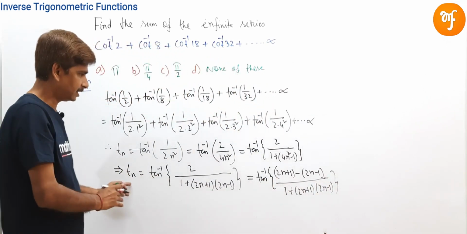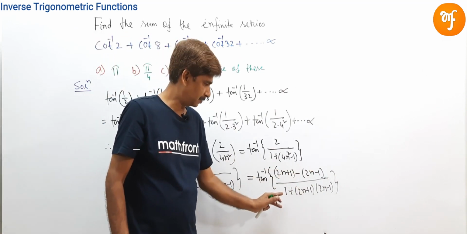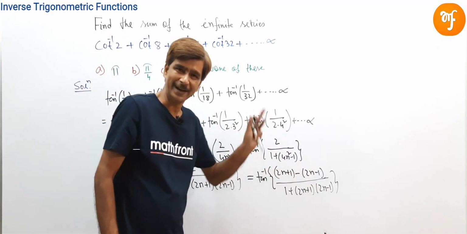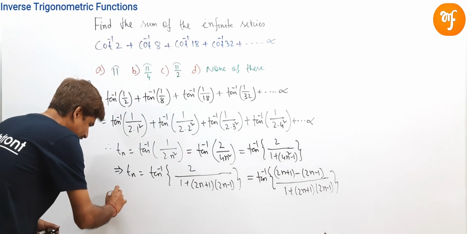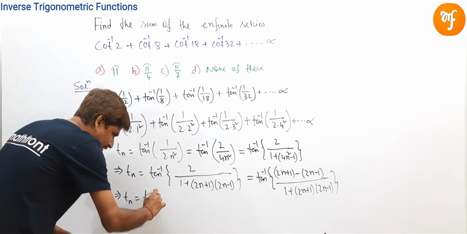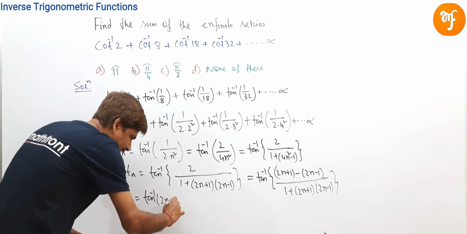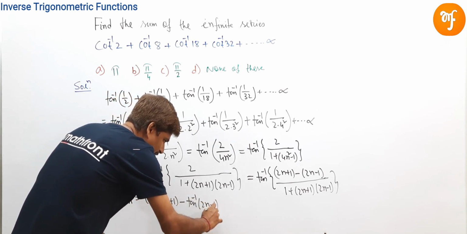So Tn is basically equal to tan inverse of x minus y divided by 1 plus x into y. So we can write Tn is equal to tan inverse of 2n plus 1 minus tan inverse of 2n minus 1.